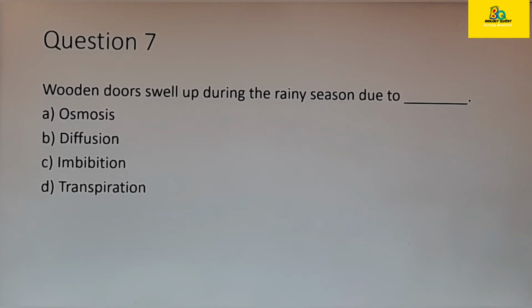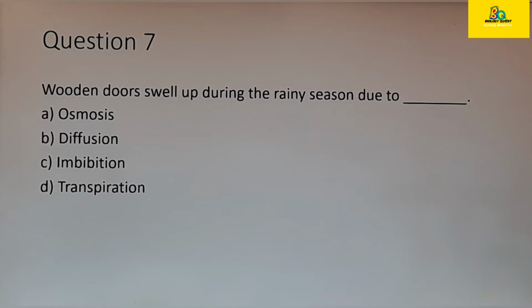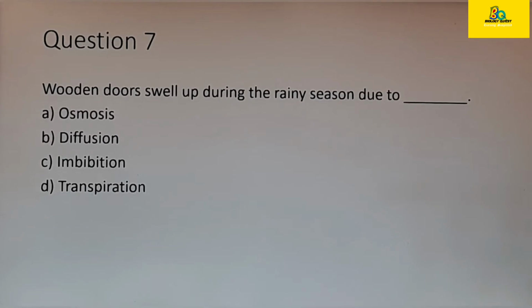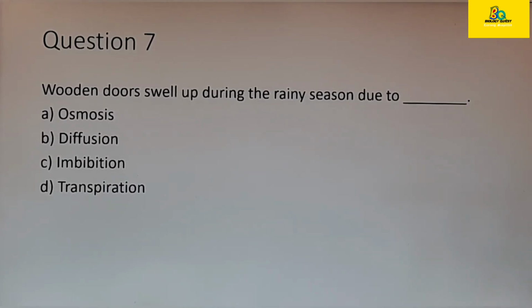So here the question is, wooden doors swell up during the rainy season. You find difficulty in opening wooden doors during the rainy season. This is due to the process of imbibition taking place. During the rainy season, the atmosphere is filled with moisture. So the cellulose of wood has a tendency to absorb moisture, absorb water.